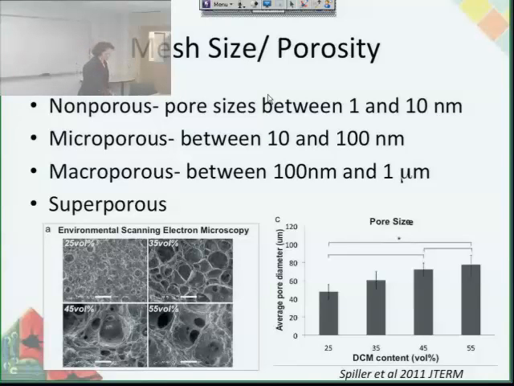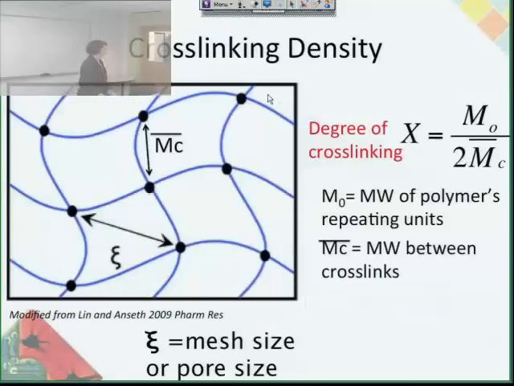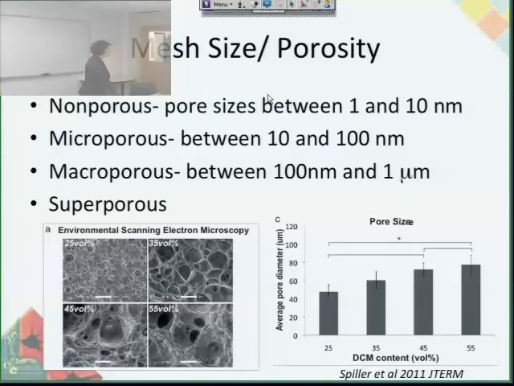So the reason why is that pore size is actually the mesh size of the network. So if you look at the literal distance between chains in the hydrogel, between polymer chains, that actual distance is the mesh size, also known as the pore size. So if we go back to the picture of my superporous hydrogels, because the hydrogel walls were networked themselves, they had their own corresponding mesh size within their network.